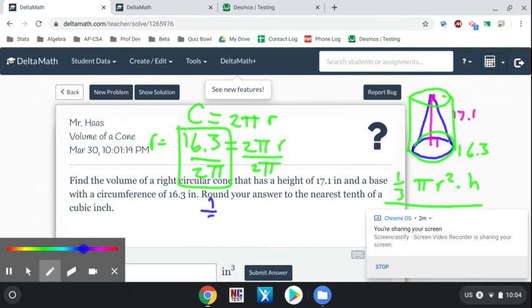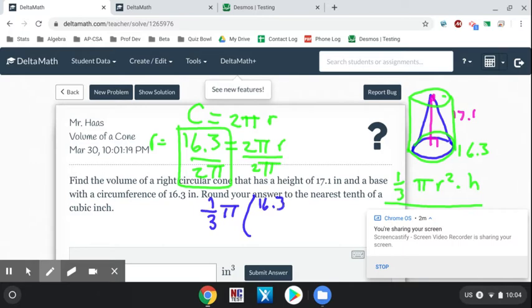I have 1/3 pi and then r squared, so it's going to be 16.3 over 2 pi squared, times my height, which was 17.1. And once again, there would be no problem with going ahead and getting a decimal for r and plugging that in. If you did that, you'd just be sure that you keep several decimal places. If it wants it to the nearest tenth, you would probably need to keep 3 or 4 decimal places until the end of the problem, and that will avoid rounding error.